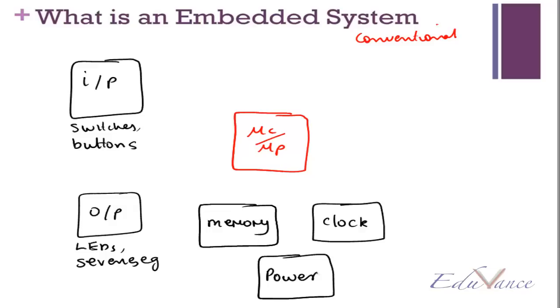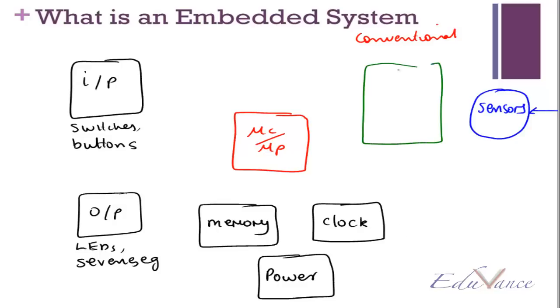Now, an embedded system is also used for monitoring and control purposes. So from the outside world, we need data through sensors, and to take the input data from sensors, we would need certain interface ICs or integrated circuits. You can also call them chips. For example, you would need ADCs, DACs.